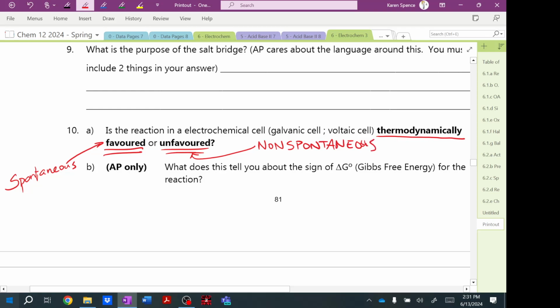You guys are getting some of the AP terminology in here because they no longer like the language spontaneous and non-spontaneous. They prefer thermodynamically favored, which is really irritating to write because it's so long. And obviously 10B, don't do 10B because you don't know anything about Gibbs free energy unless you've taken some bio. And even at that, you don't know about it in this particular context.